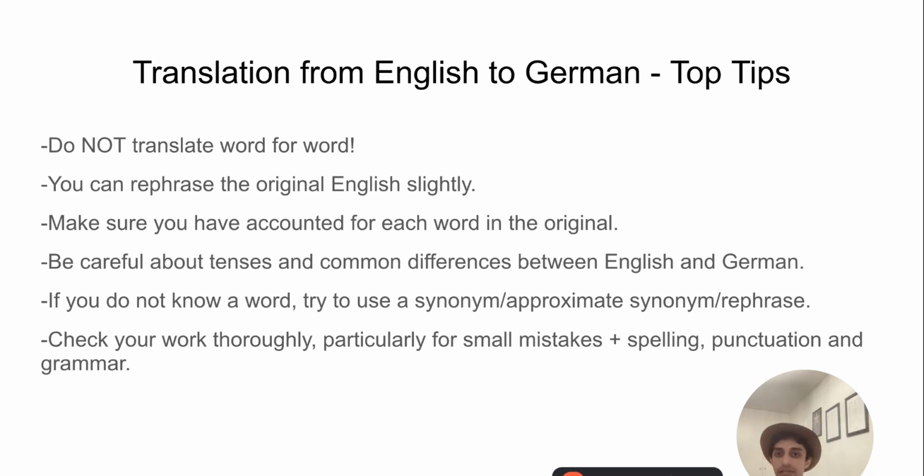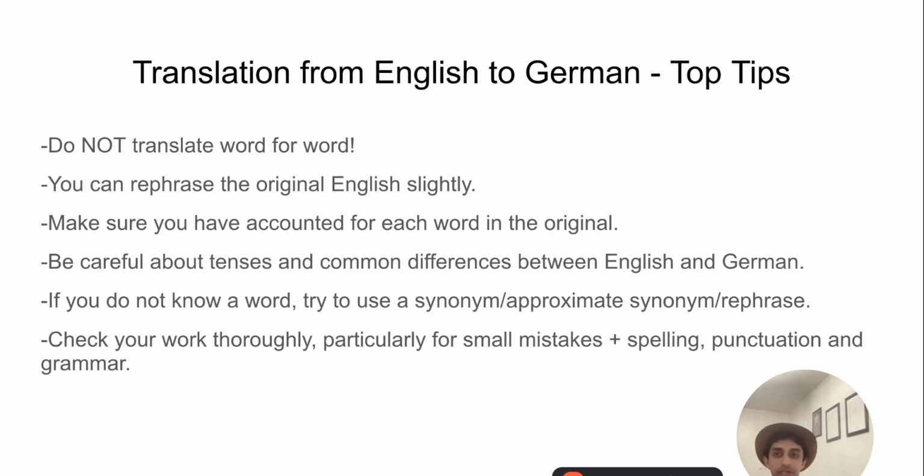the nature of these texts that you have to translate, they should be fairly basic or relatively simple. They're not going to require you to use very complex grammatical structures, for instance. You can rephrase the original English slightly. Again, the most important thing is you convey all of the information and all the meaning of the original text from English to German, and the final version makes good sense and sounds good in German.